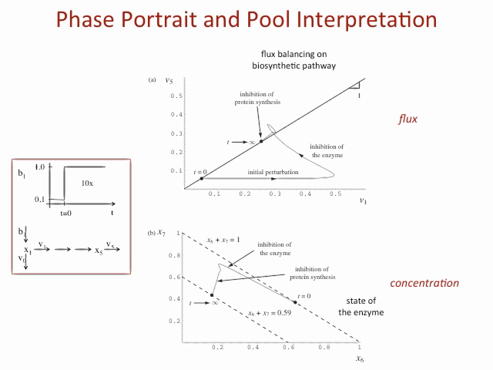But in this case, the total amount of enzyme drops to about 0.6 relative to the total inventory in the beginning, because of the inhibition of the rate of protein synthesis. And you see at time infinity, I end up with a total sum of about 0.59.